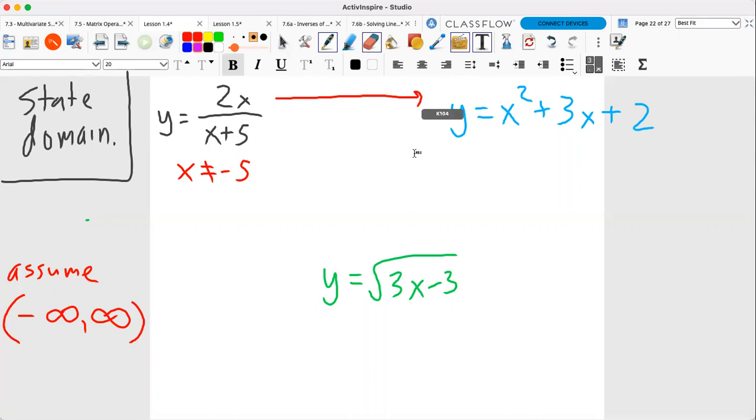Think about this for a second. If this was negative 5 right here, and I put an open circle there, and I got everything else to the right of that, everything else to the left of that. Oh, so would you say x is greater than negative 5 and less than negative 5? Okay, you could say that. Like, how about this? Negative infinity to negative 5.